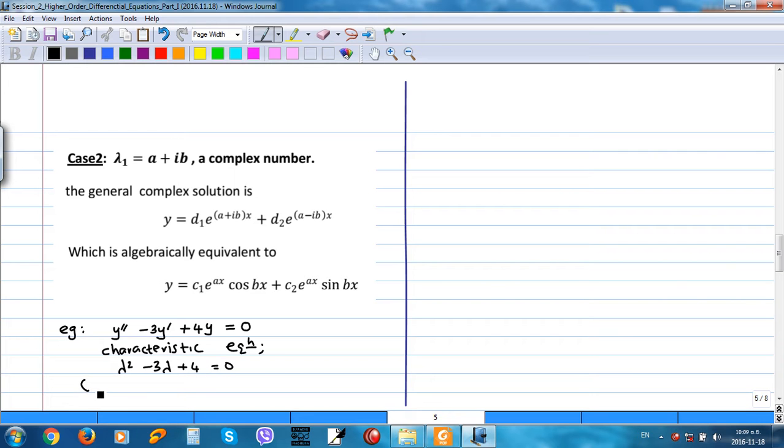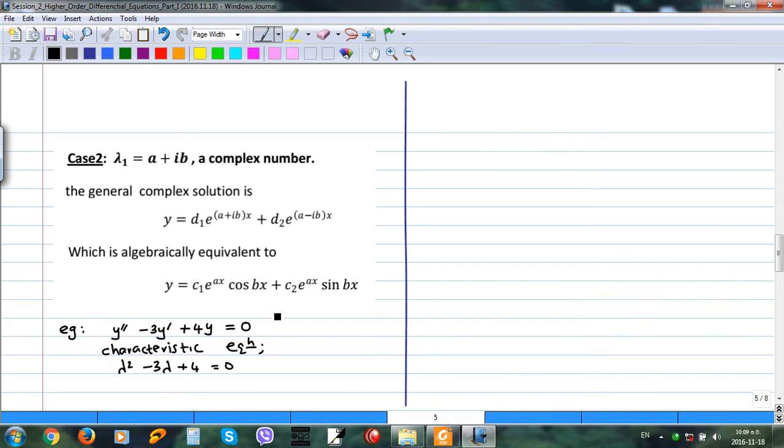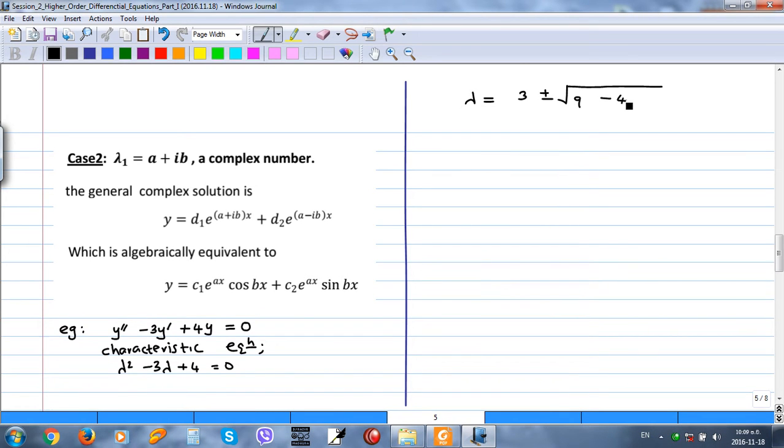Then we can find the factors of this one. We can't find the factors in this way, so we use lambda equals minus b plus or minus square root of b square minus 4ac over 2a. Here b is minus 3, a equals 1, c equals 4.